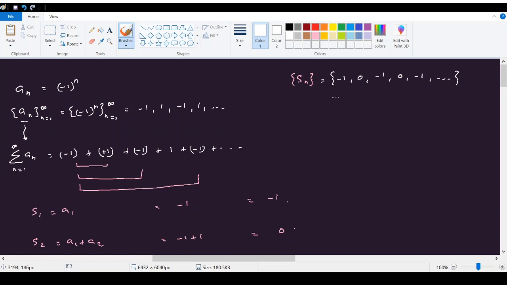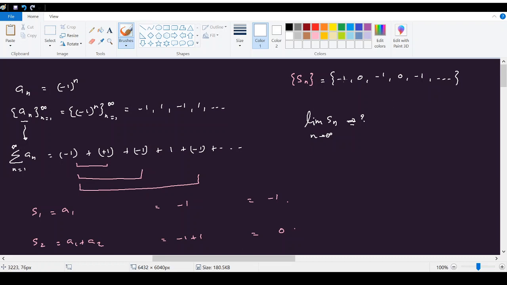So does this sequence converge, or in other words, does it have a limit? What do you think about this one? Remember we went over a very similar example when we discussed sequences.